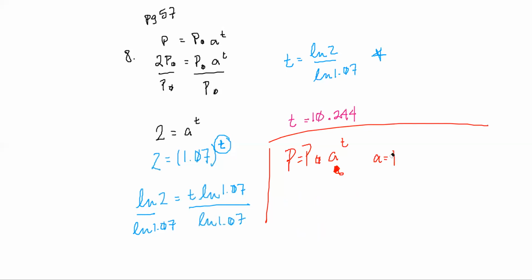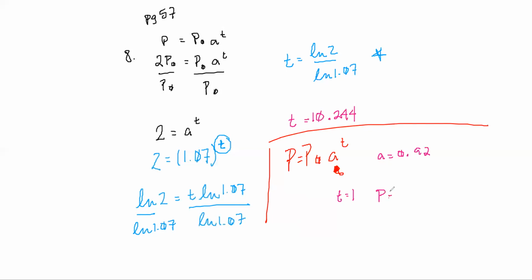Now, if we think about a being less than 1, let's say that a now is going to be 0.92. What's happening here is that if t is equal to 1, then p is going to be less than p naught, right?